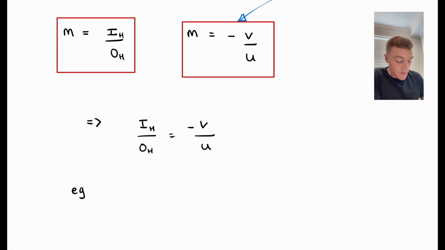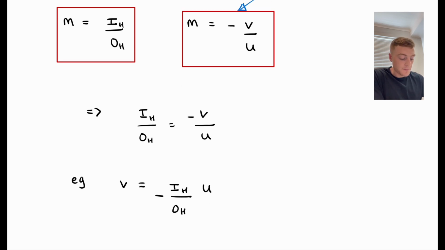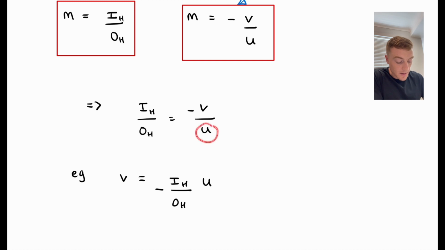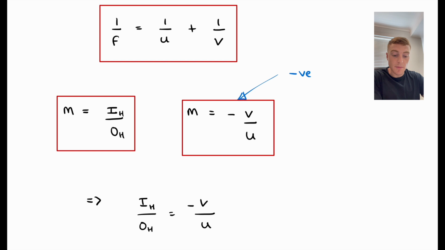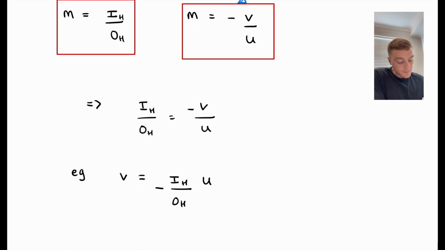For example, v is equal to, if I multiply by u, image height over object height times u, and that's all going to be negative. So all I've done is multiply by u. Again, everything in red is what I'd recommend remembering. Everything else you can work out from there.